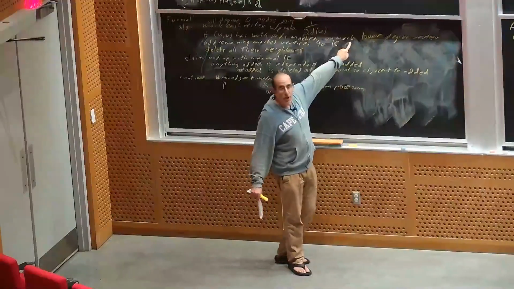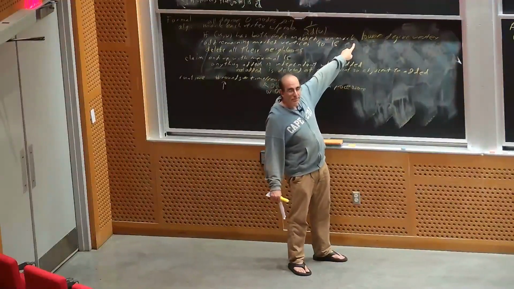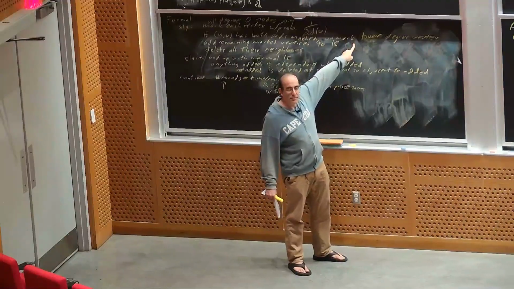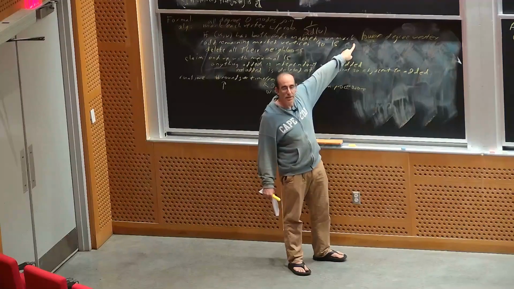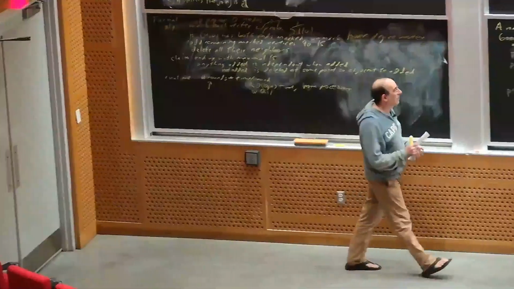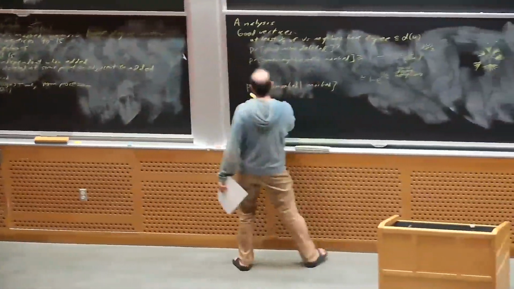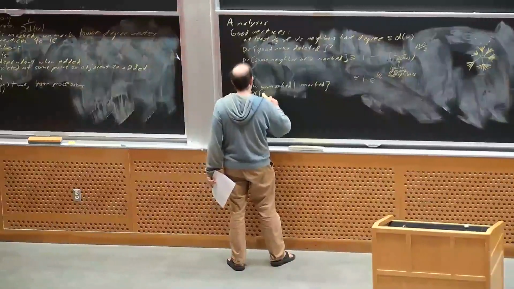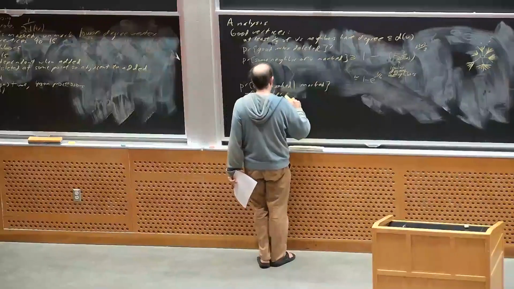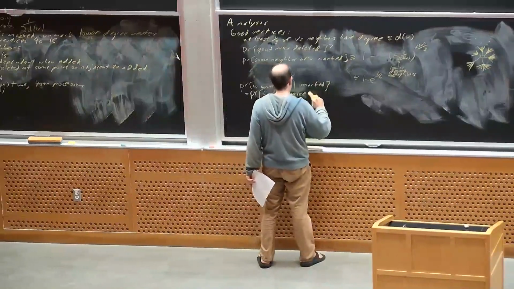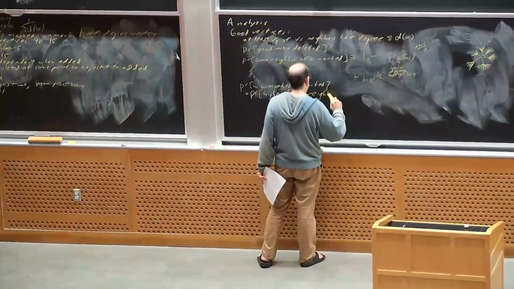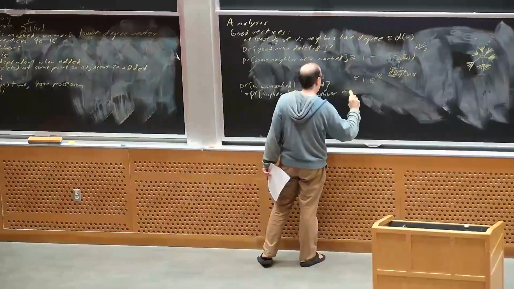Why do I unmark it? Yeah? Some higher degree neighbor. That's right. So this is equal to the probability that a higher degree neighbor gets marked.